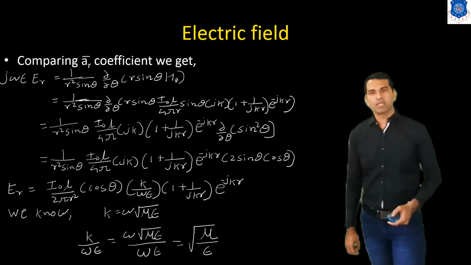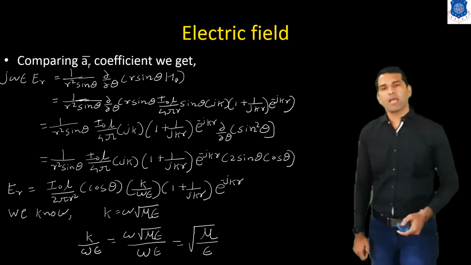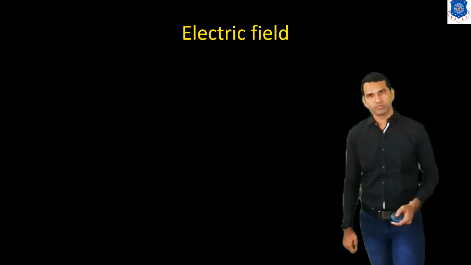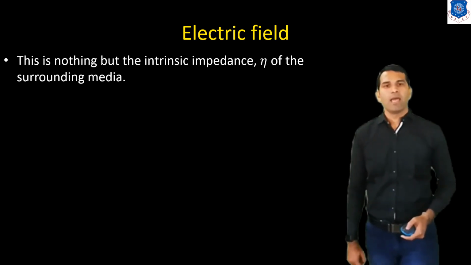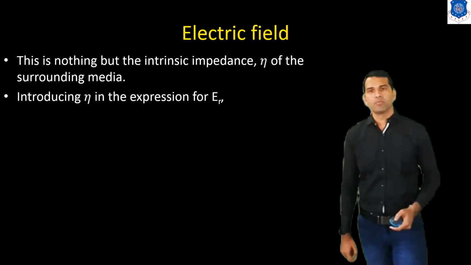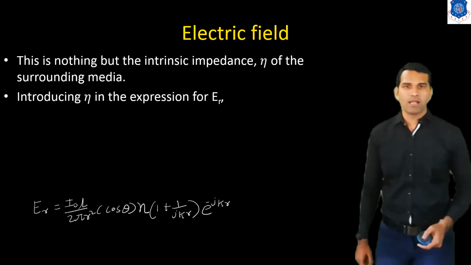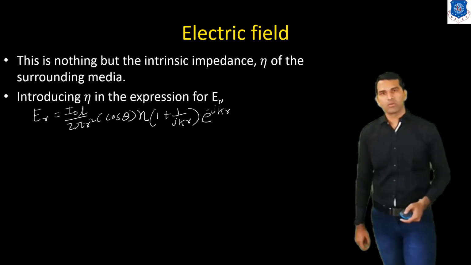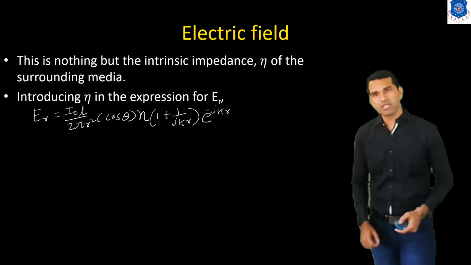So k upon omega epsilon is omega under root mu epsilon upon omega epsilon, so we get under root mu upon epsilon. This is nothing but the intrinsic impedance eta of the surrounding medium. Introducing eta in the expression for E_r, we can write E_r equals I0 L over 2 pi r squared, cos theta, eta, 1 plus 1 upon jkr, e raised to minus jkr.